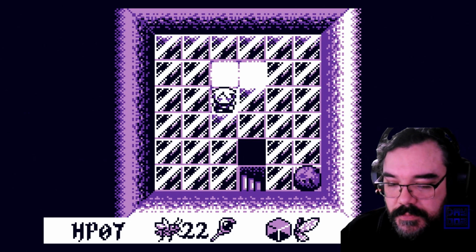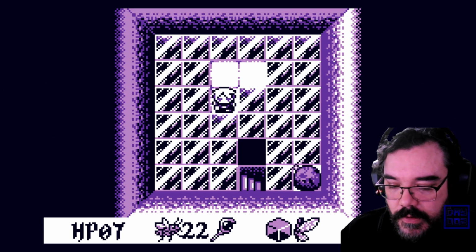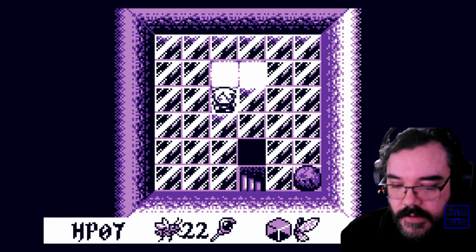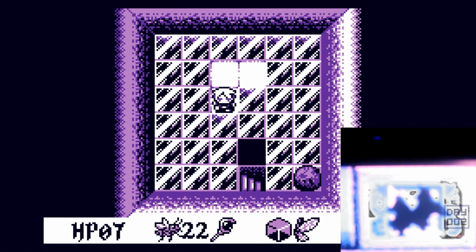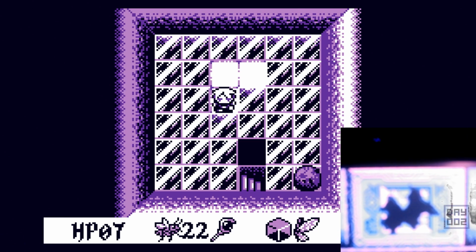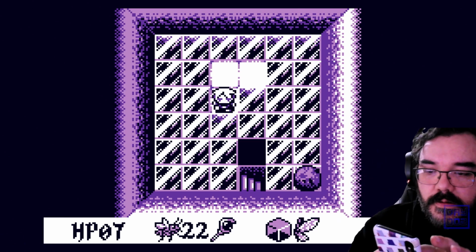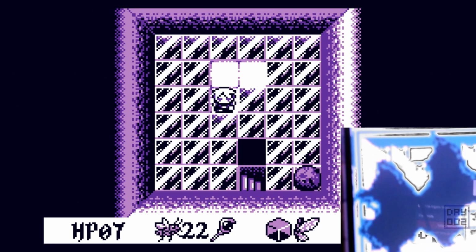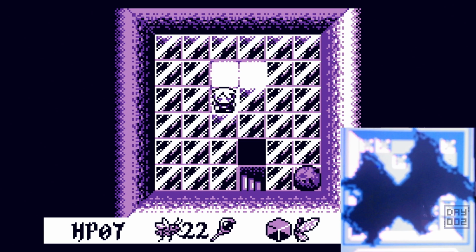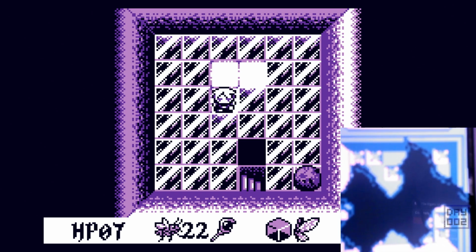I'm working from the next mural. And the problem with the next mural... Come on, do the thing. The problem with the next mural is a large hole in it.